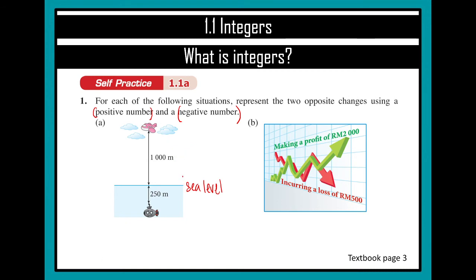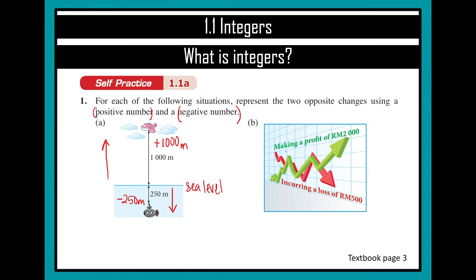Because it is above sea level, we already learned that if it's on the top, it is a positive number. So to represent this, we write positive 1000 meters. For the submarine, which is below sea level, below is a negative representation, by 250 meters.